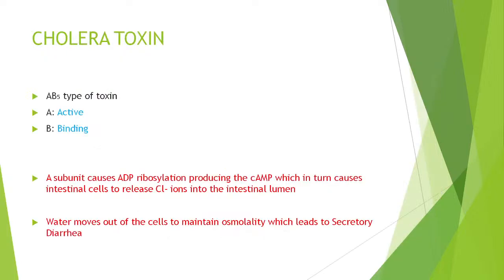So water moves out of the cells to maintain osmolality. It leads to very severe secretory diarrhea. It is not an invasive diarrhea. So diarrhea pathogenetically क्या क्या होता है? One is the invasive, where the bacteria invades the epithelial cell, causes the inflammation and causes diarrhea. Second is the secretory, where the toxin leads intestinal epithelial cells to secrete lots of fluid.